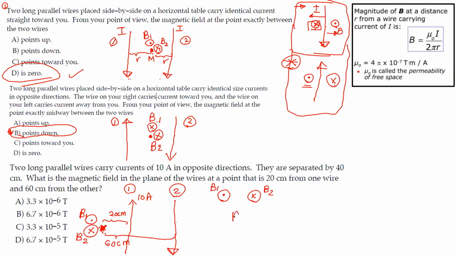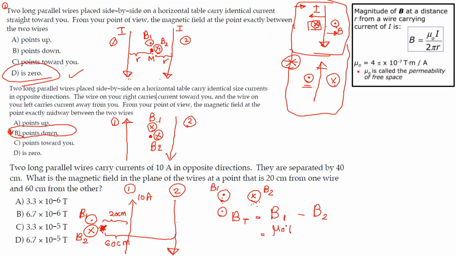So the total B field is the addition of the two, but they are in opposite directions. B fields are vectors, so if we consider out of the page as positive, your total B field will be B1 minus B2 because they are opposite to each other.